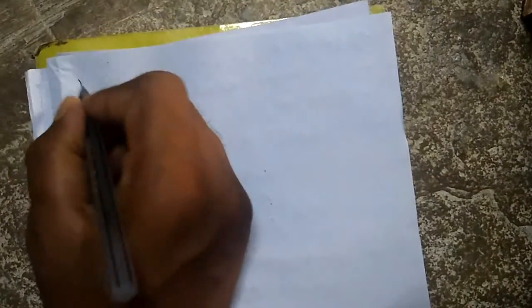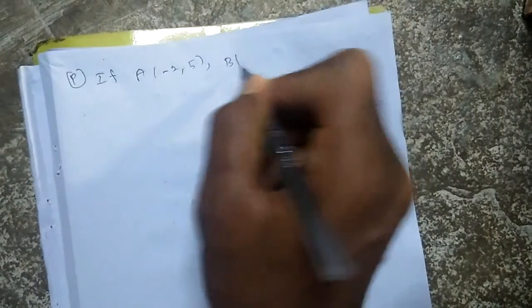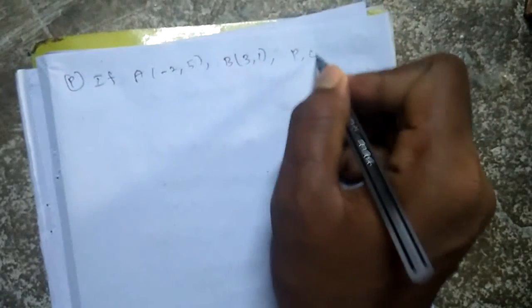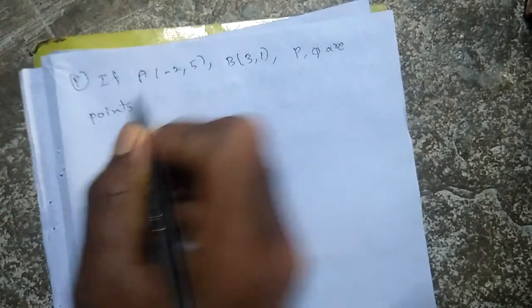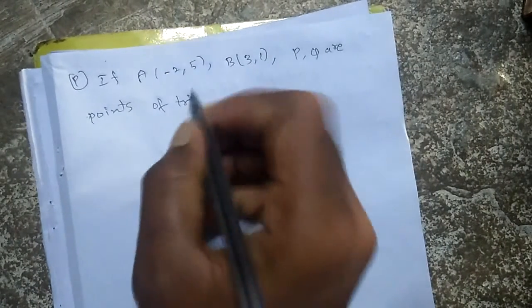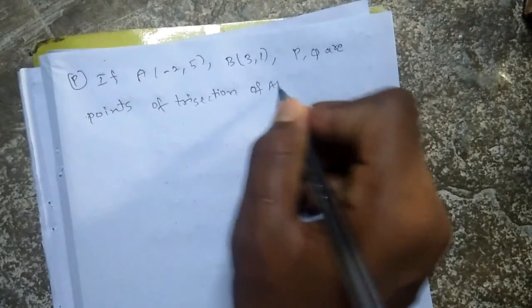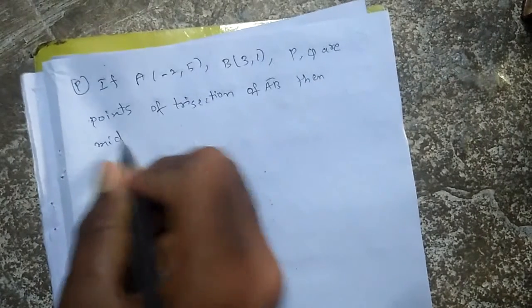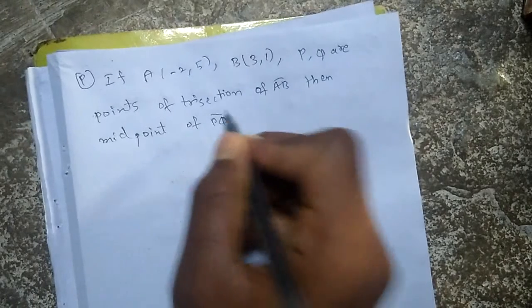Our next problem is, if A is (minus 2, 5), B is (3, 1) and P, Q are the points of trisection of AB, then the midpoint of PQ is.